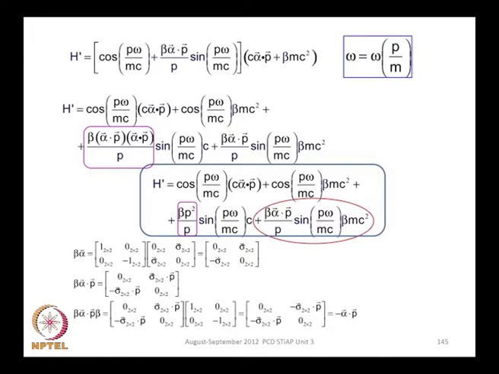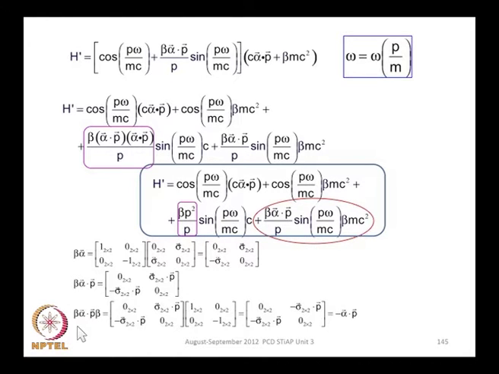And now if you look at this fourth term, it has got the operator beta alpha dot p, and then there is another beta on this side. So the essential operator structure sitting in the last term involves beta alpha dot p beta in that order, which is what you have at the bottom here.